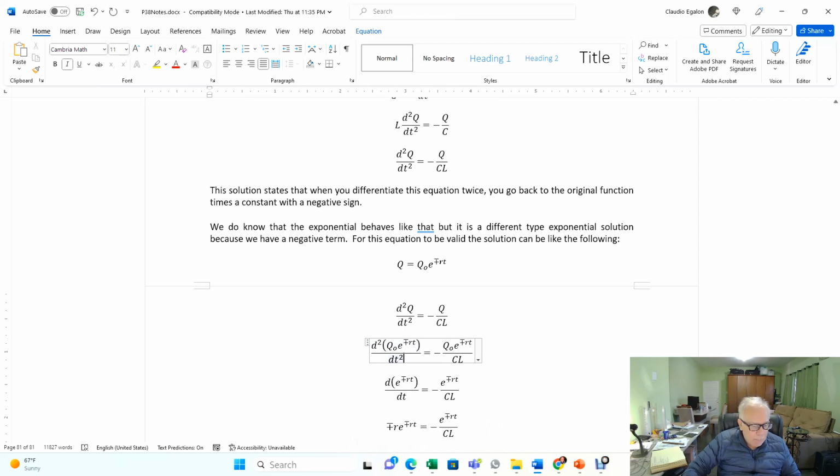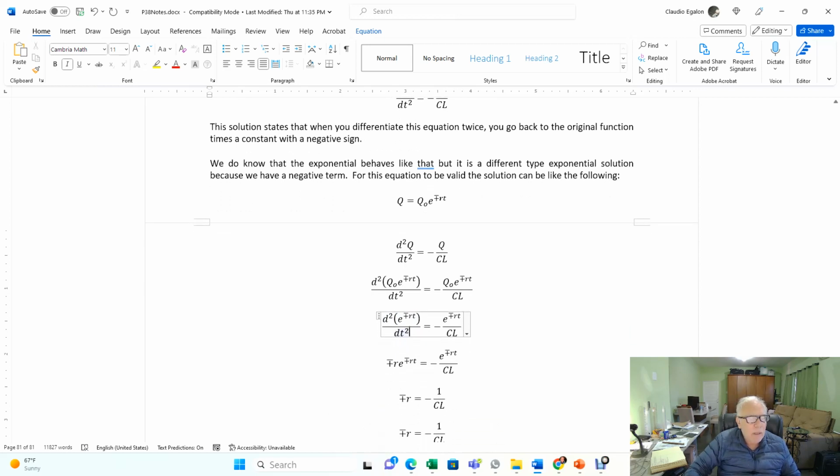The Q naught cancels out the Q naught. And then when we differentiate the exponential once, let's do that step by step, d dt, we are going to get a plus and minus R.